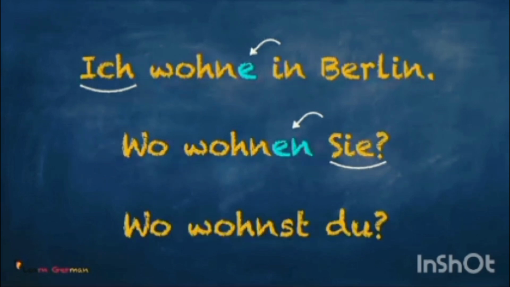Coming to the third sentence, woher kommst du? The subject is du and the verb conjugation is highlighted. The ending depends on the subject we use. As you have noticed, the verb ending with ich is e, the verb ending with Sie is en, and the verb ending with du is st.